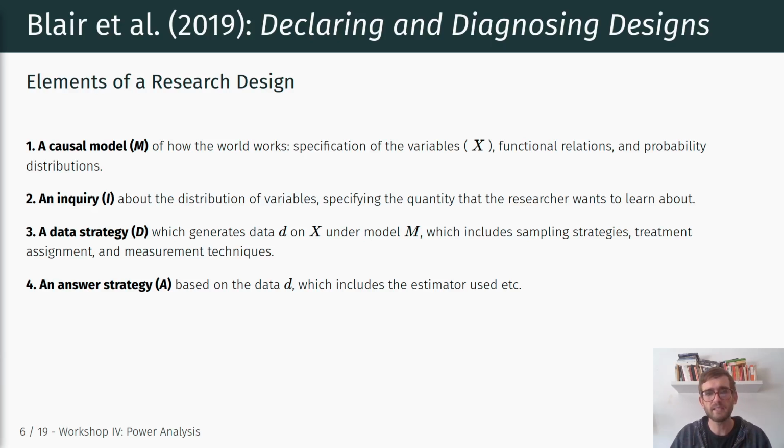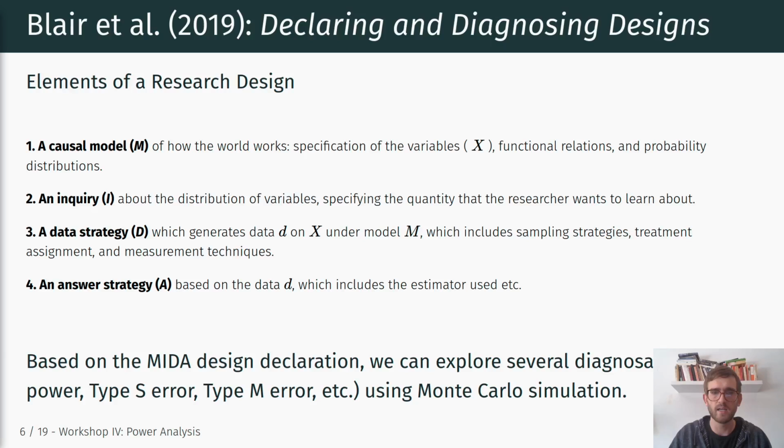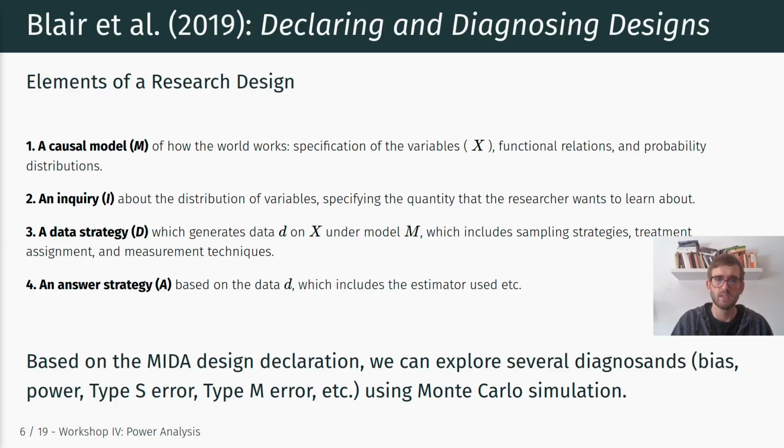So by declaring each of these components of a research design, we can explore what they call diagnosands. So basically statistics like bias, power, type S error, type M error, and other types of diagnosands using Monte Carlo simulation.